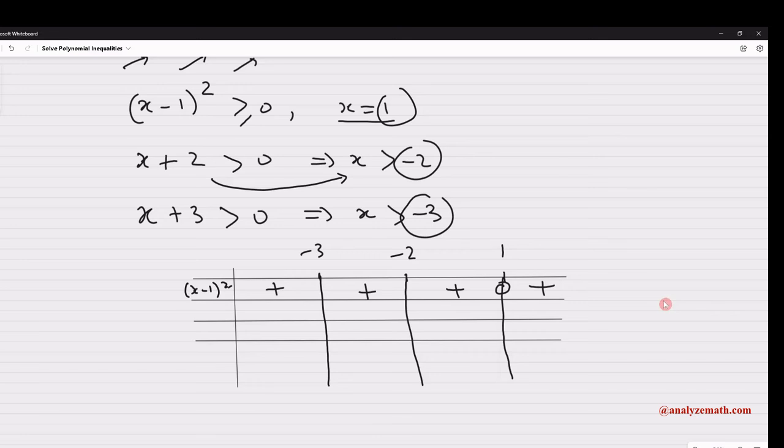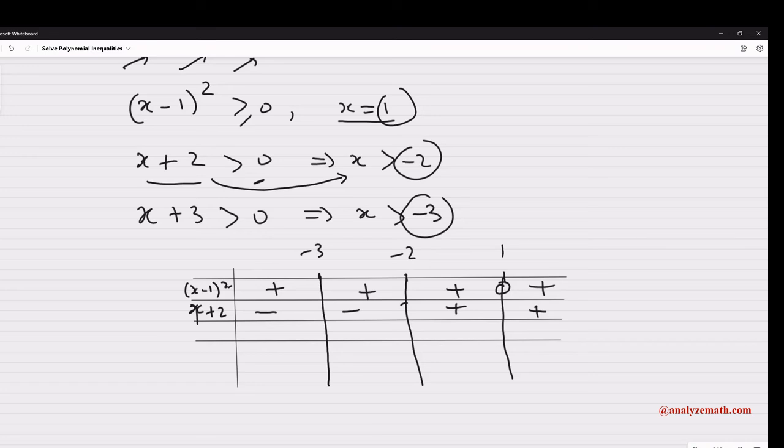Good. X plus 2, the second factor. Now the second factor, x plus 2, is positive when x is bigger than minus 2. So this is minus 2, and bigger than minus 2 is in this direction here. That's where our factor x plus 2 is positive, negative here, and then 0 when x equals minus 2.